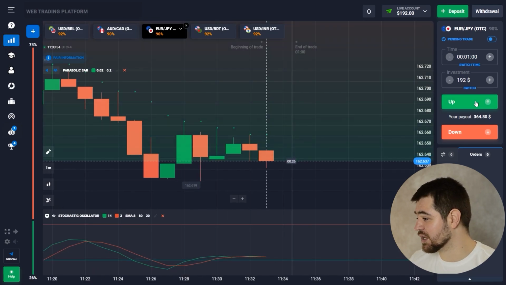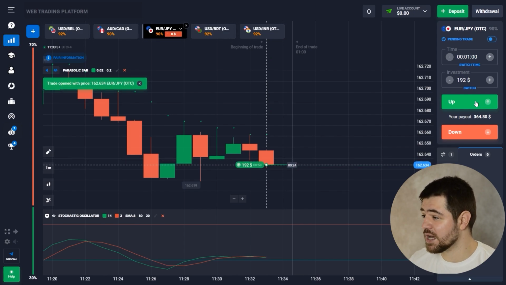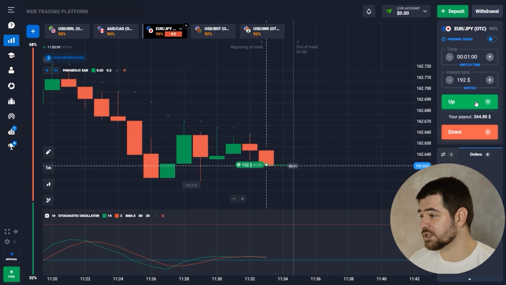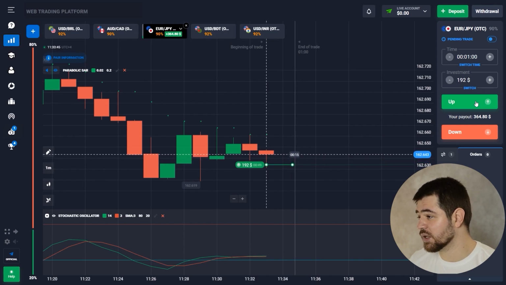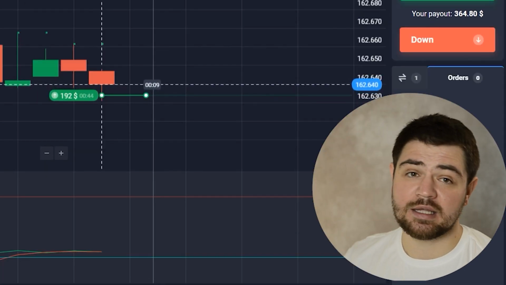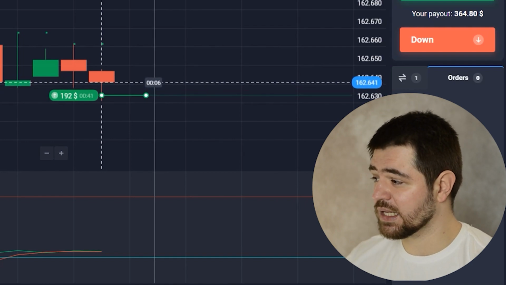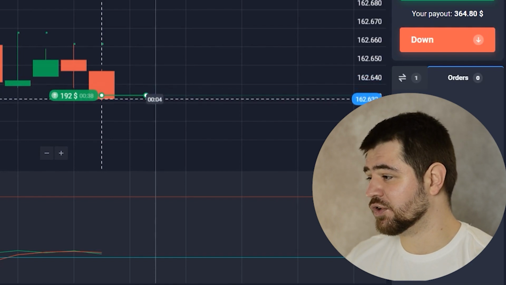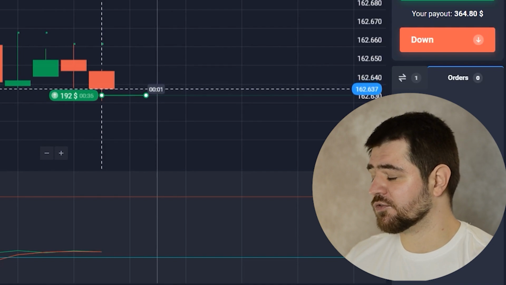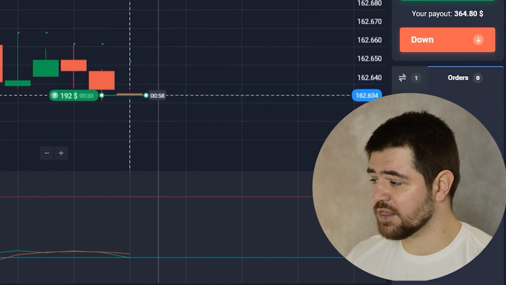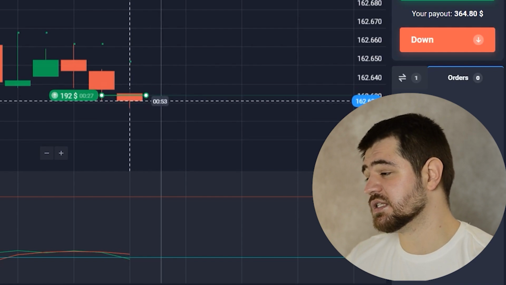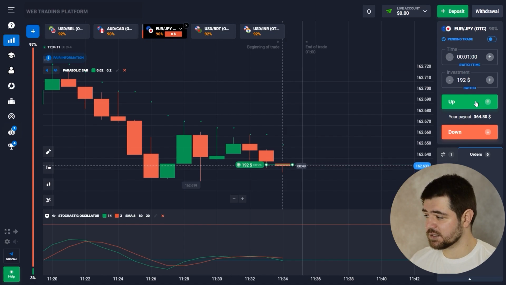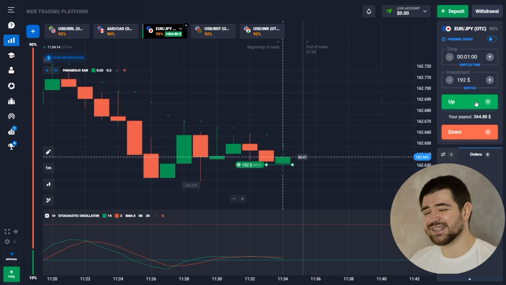So I just saw a nice indication there. I'm gonna go in with 192 for the call option, and let's see. I think the price should start going up, because it has just been in a downtrend, and then it went into an oversold zone, and then it got out, so it crossed this resistance level, and now it is working off it as a support level.